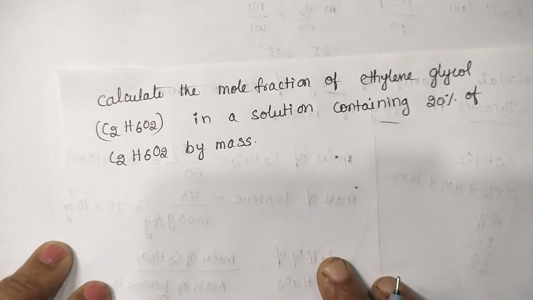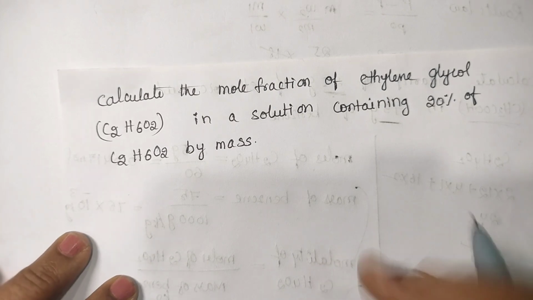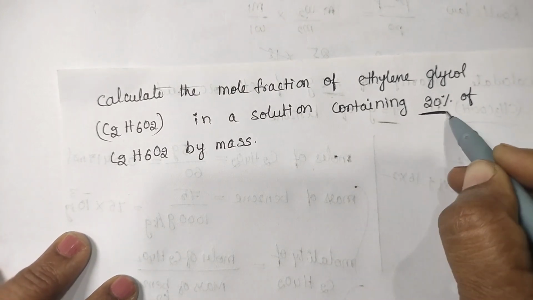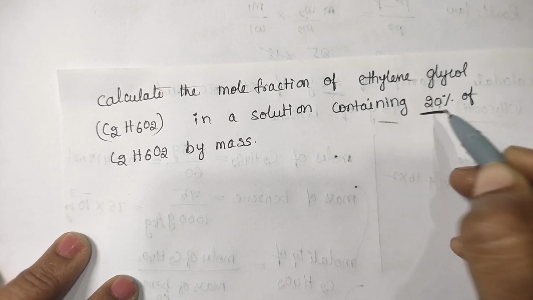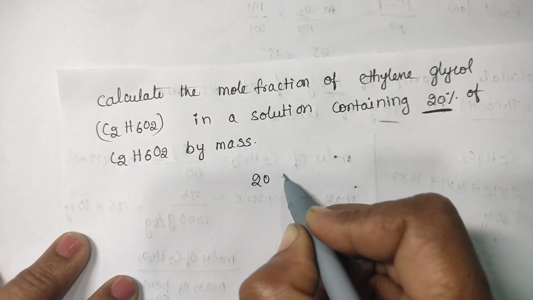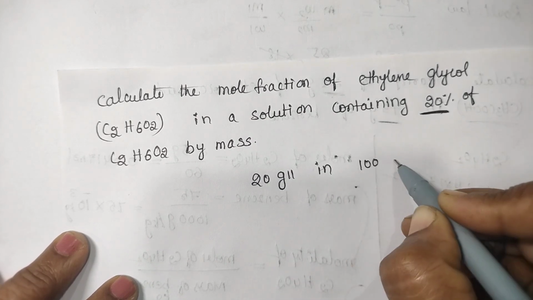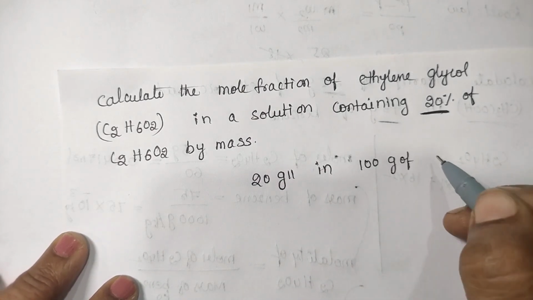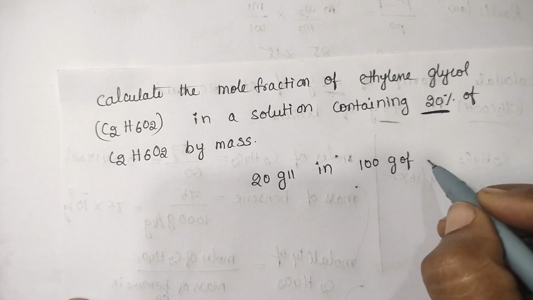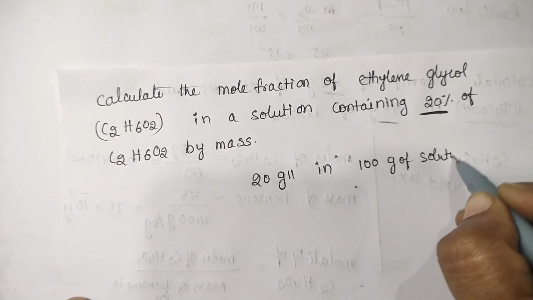So next question is calculate mole fraction of ethylene glycol, that is C2H6O2, in a solution containing 20% of ethylene glycol by mass. Here 20% means always we can assume that 20% means 20 grams in 100 grams of solution.